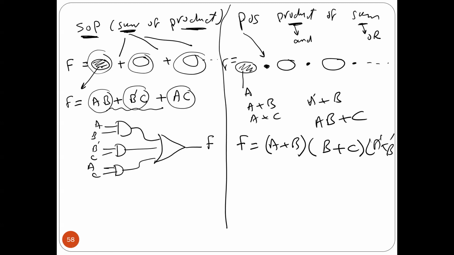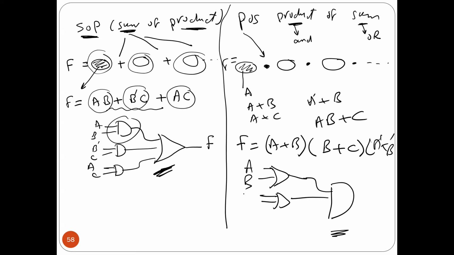To implement this one, I need only one AND at the output, and for every term I need one OR. So here we have A or B, here B or C, here A prime or B prime, and then this is F.